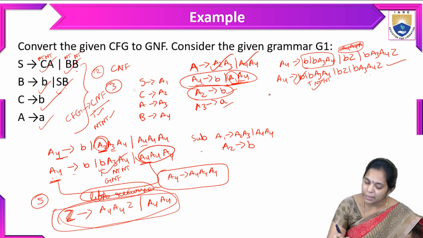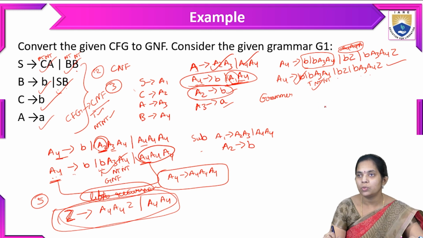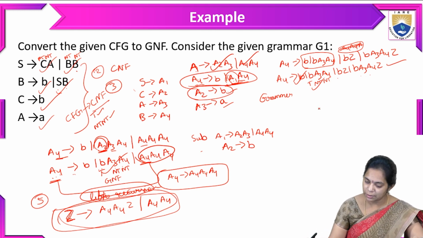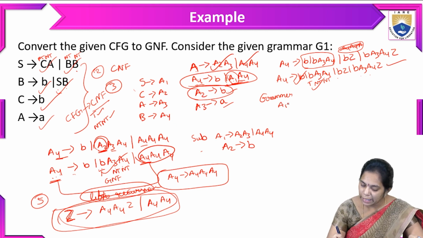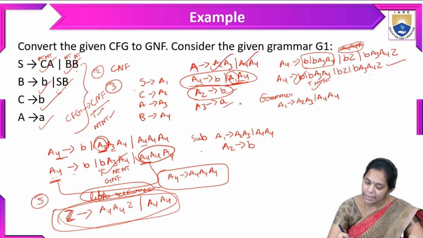And let me write the entire grammar, and we will check whether all the production rules satisfy the Greibach normal form or not. So here the first one, A1 tends to A2, A3 and A4, A4. Both I, J combinations are satisfying.